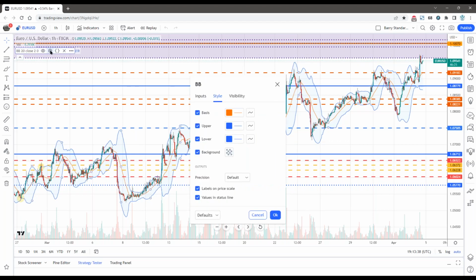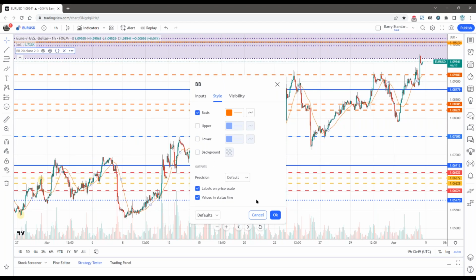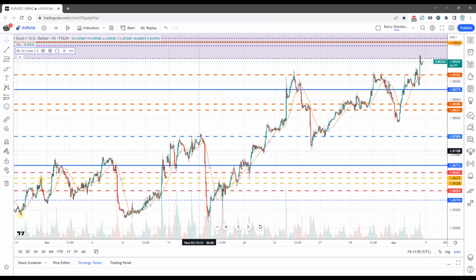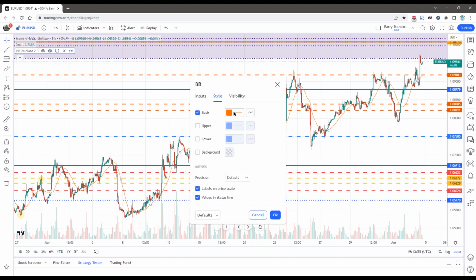So first, let's get this off my chart. So I've just clicked on the settings, and we're going to get off the upper band and the lower band in the background. And the only thing, let me make this a little bit bolder for you to see it better.